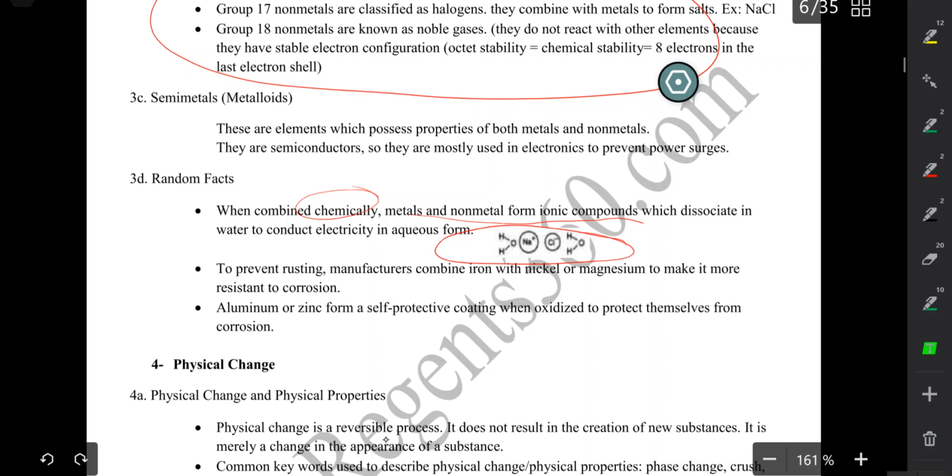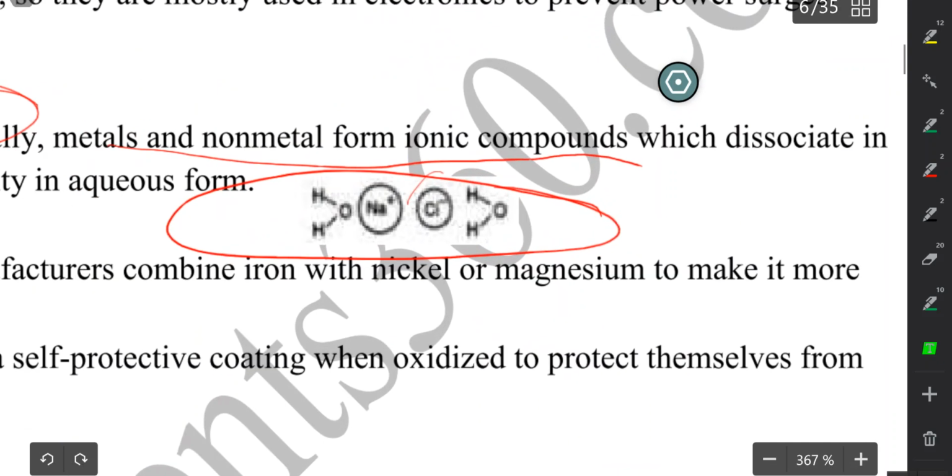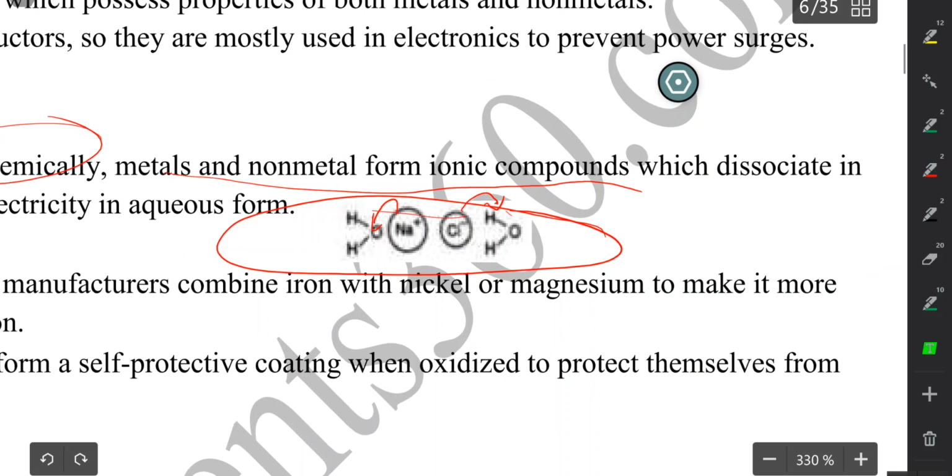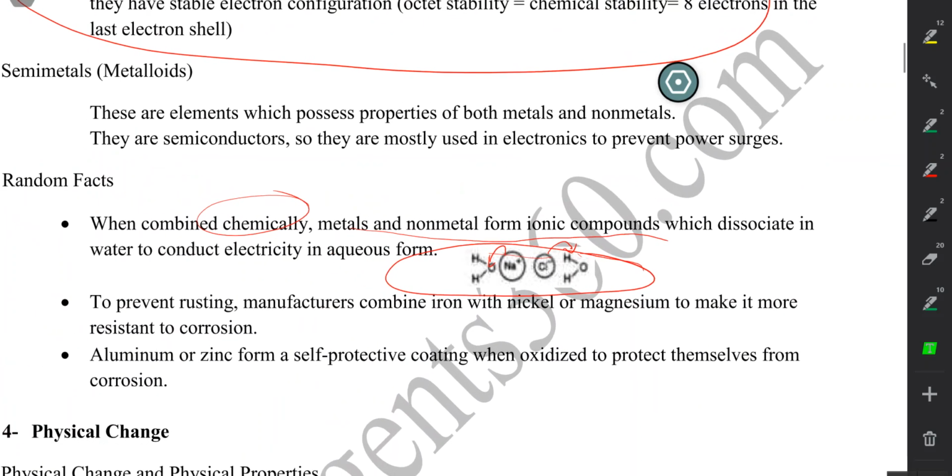The negative chlorine will attract to the positive hydrogen, while the positive sodium will attract to the negative oxygen. Because it dissociates in water, it will help carry electrical charge from one section to the next. So that's why salt water is actually a good conductor of electricity.